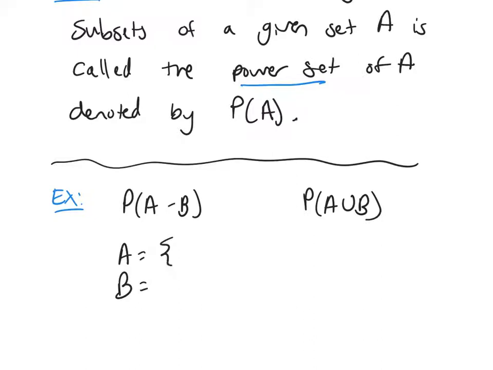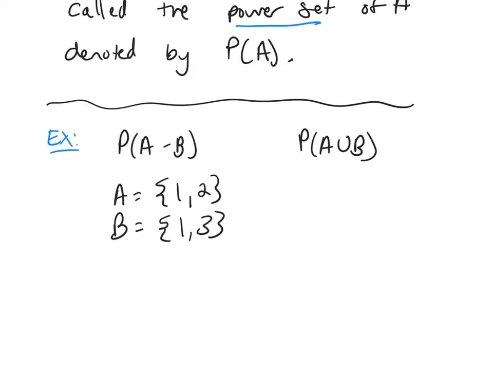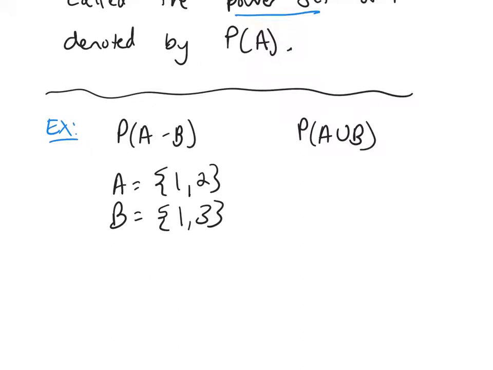So let's say set A is the set {1, 2}, and because we're going to look at A minus B, I would like for these to overlap, so maybe B is the set {1, 3}. All right, so now that I have my two sets picked out, A minus B would just be the set {2}. A union B would be the set {1, 2, 3}. And now I need to write out the power sets of these sets.